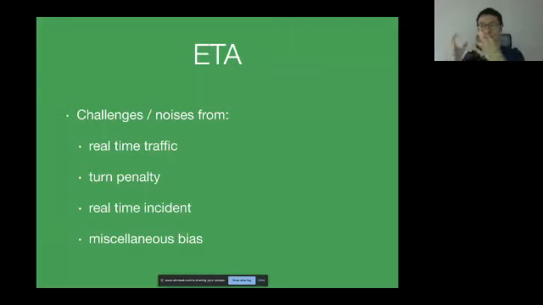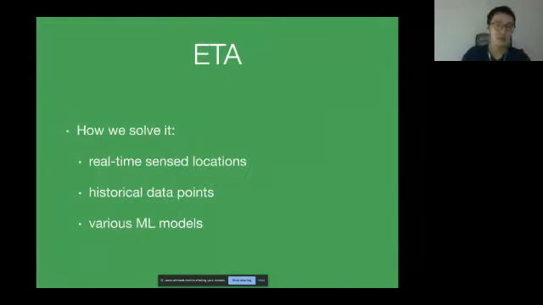Let's say we have an accident here, a very temporary road closure because of the accident. If we cannot learn that as well as possible, our prediction of ETA will fail. Or of course, we have all the other miscellaneous biases we don't know yet within our system.